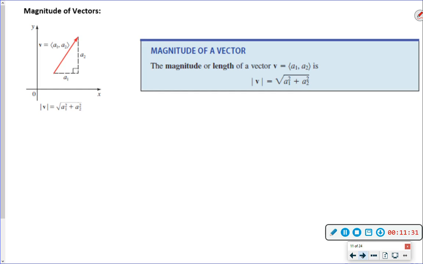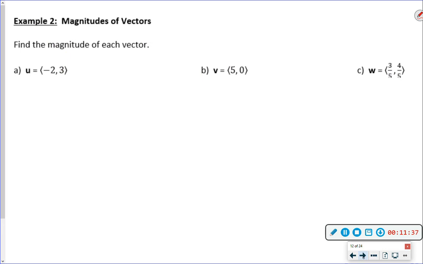I don't really get carried away on the formula with this one, because we can just do a triangle and do the Pythagorean theorem. So here we go. Find the magnitude of each vector. You can go straight off the formula, or of course, draw the picture. Let's just do the formula. So the magnitude of u, we're doing our Pythagorean theorem, so we would square root our answer.